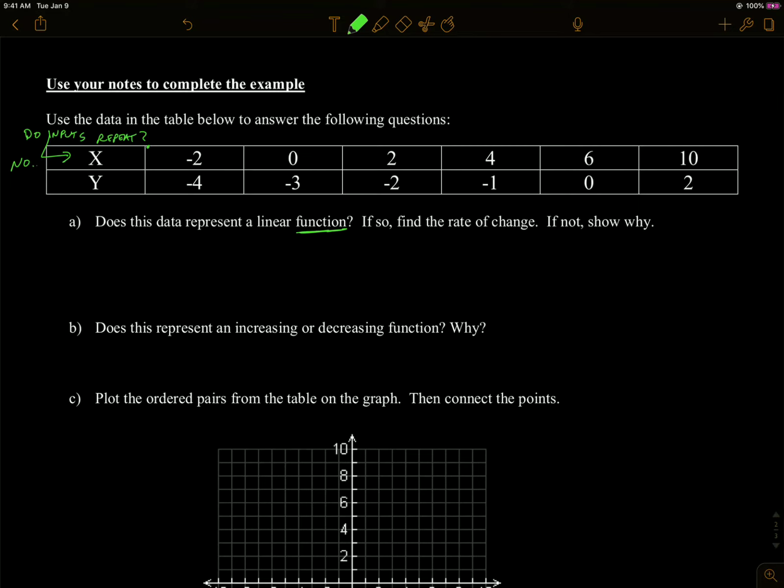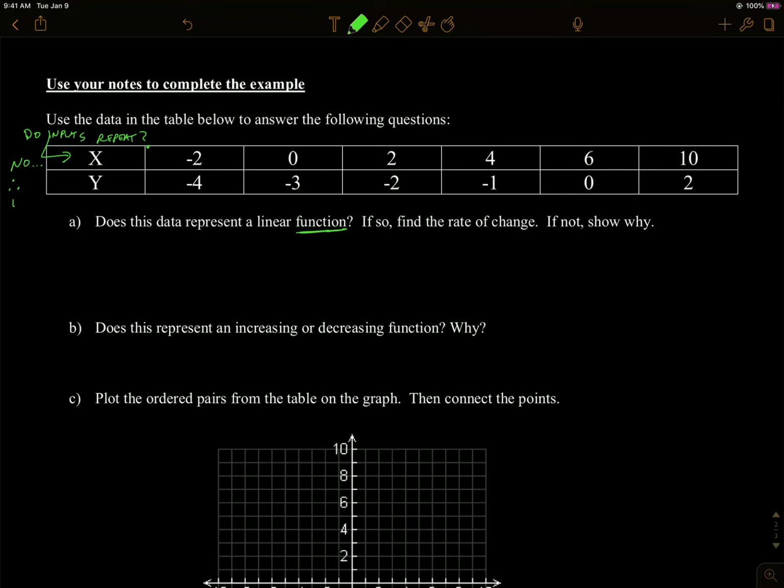So I'm going to say no. Therefore, these 3 dots mean therefore in math. It is a function. Now let's see if it's linear. How do you check if it's linear? You check your change in y. It goes up 1 each step, up 1, up 1, up 2.